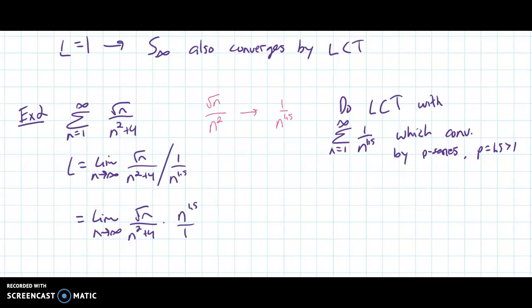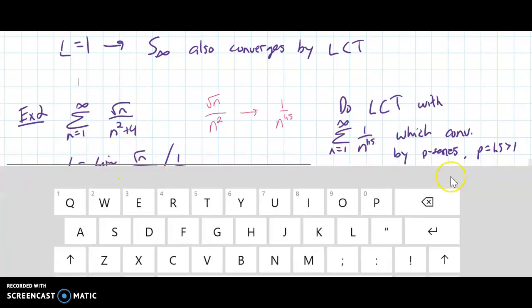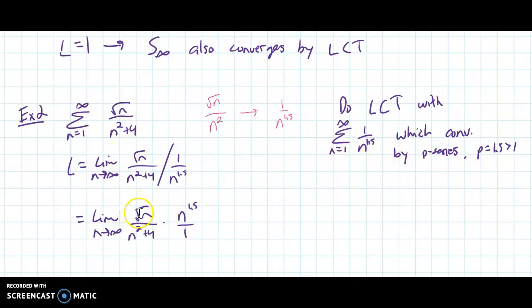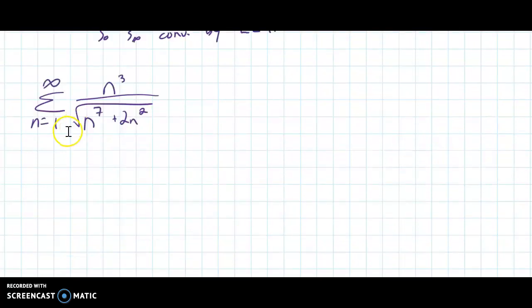You can see that what is the total power of the top? Total power of the top is 2. Compare that with the 2 in the bottom. The limits will compete equally as n goes to infinity, and it gives me a limit value of 1. So, and I'll write S sub infinity equals, S sub infinity converges, or also converges, by LCT.